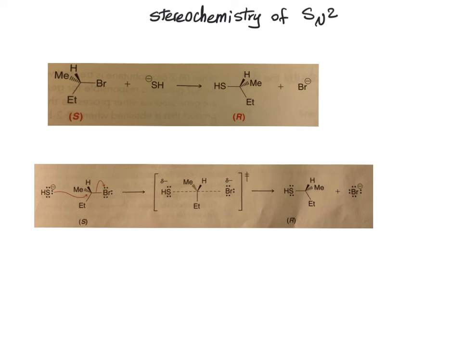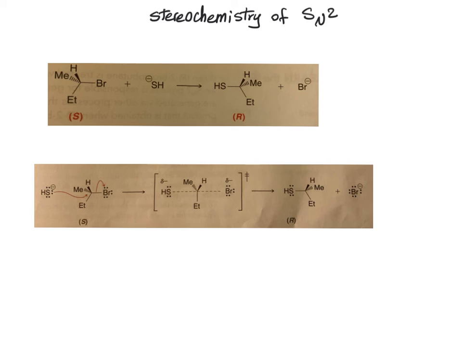Now let's check the stereochemistry of SN2. Experiment shows that when the alpha carbon is chiral and undergoes SN2 reaction, in general, the configuration of the alpha carbon will change.